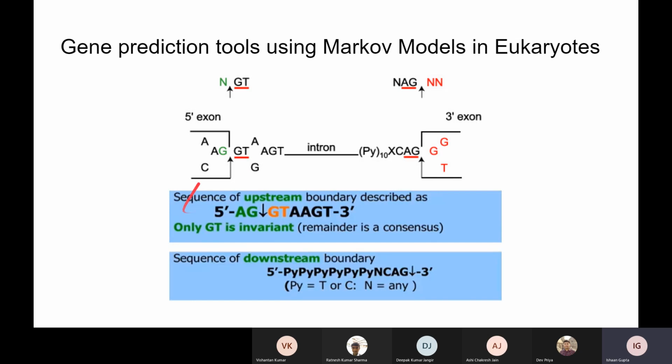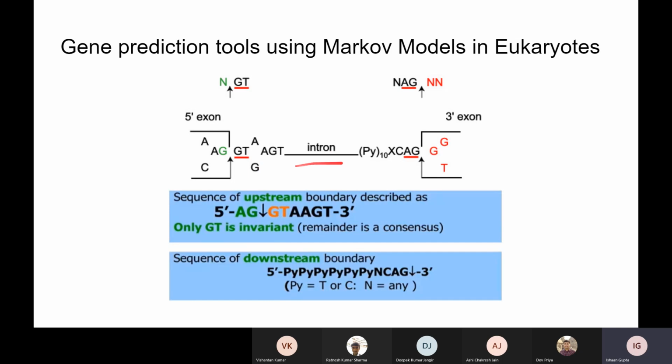So canonical means the most typical or the best, most often found sequence for that particular feature. So for example, the canonical start codon is AUG. So typically, the canonical splice site, the 5' exon donor site is AG followed by GT, right? Followed by, it could be an A or a G.